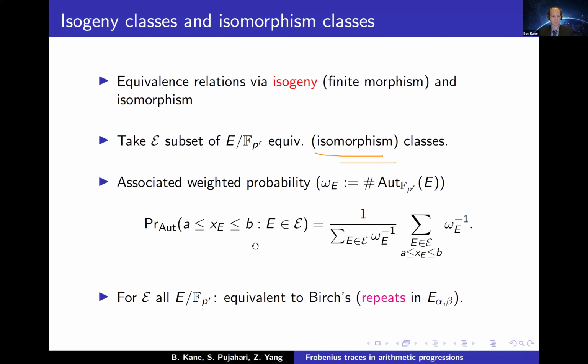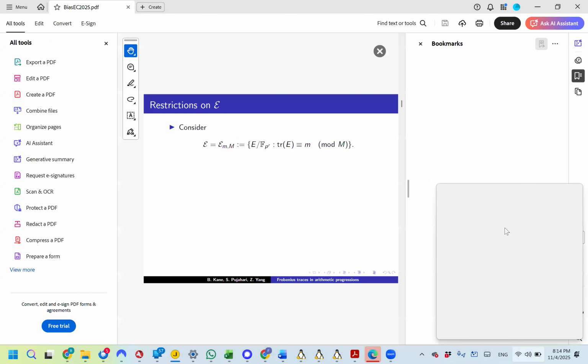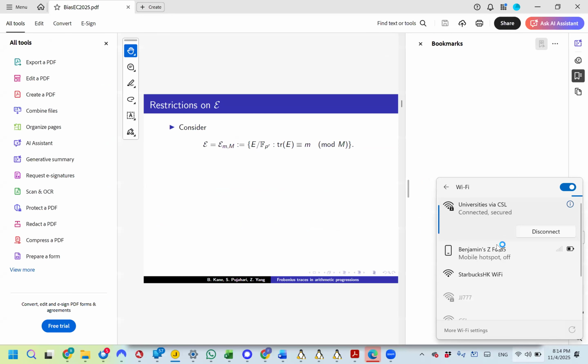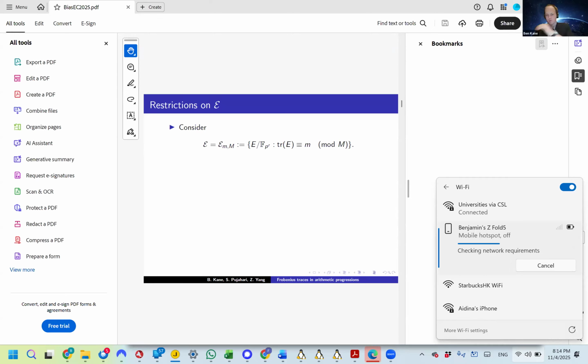So basically, sorry, Ben. From time to time, we have some, I think, instability about your internet connection. Yeah. Okay. Let me see. Give me a second. I don't know if you can fix it, but yes, I also facing the problem. Okay. Let me try. Give me a second.